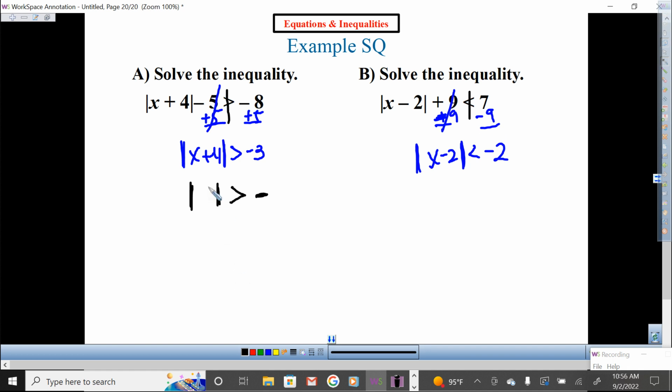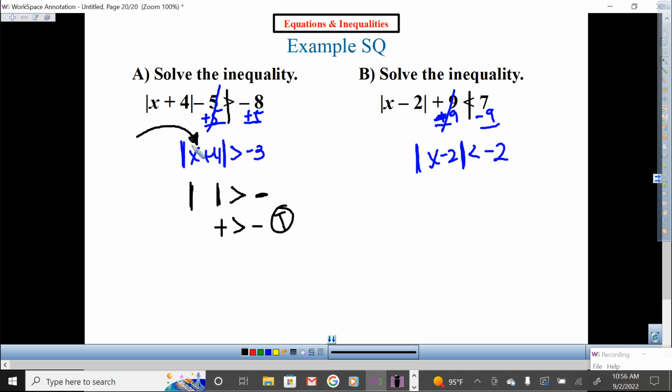Let's find out. What is absolute value? Distances. And what are distances? Positives, right? So is a positive greater than a negative? Yeah, this is true. Will it ever change? No. That means it doesn't matter what I substitute in here. I can substitute a Pokemon in there, and that side will always be greater than a negative.